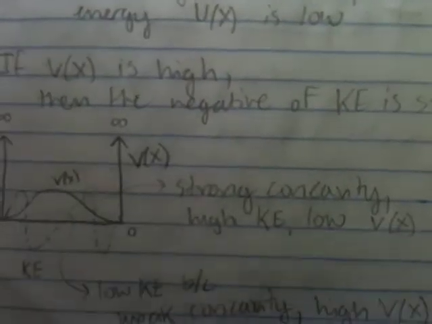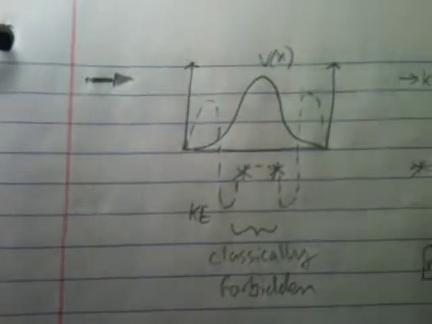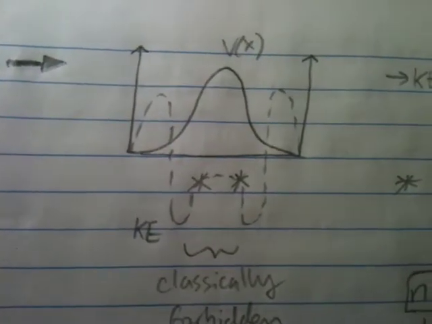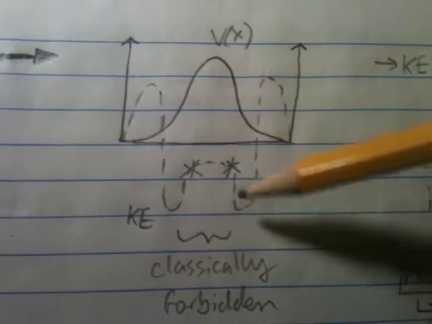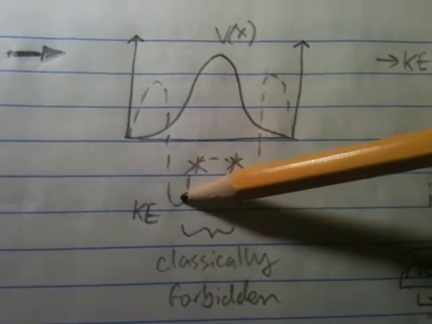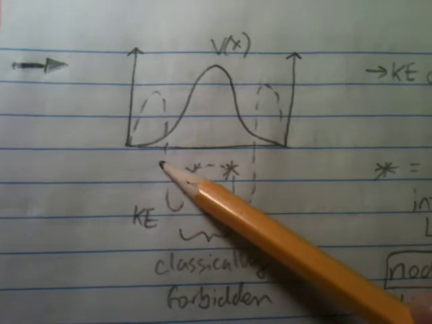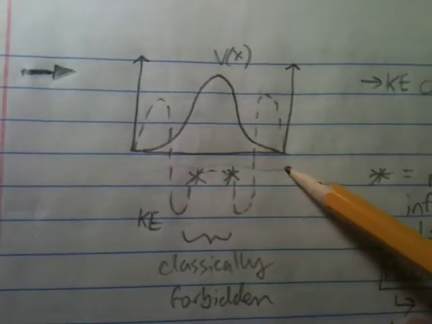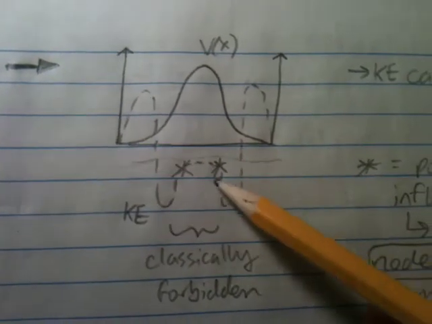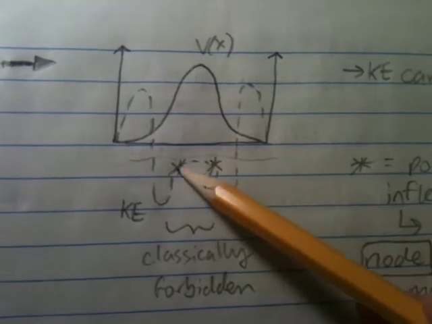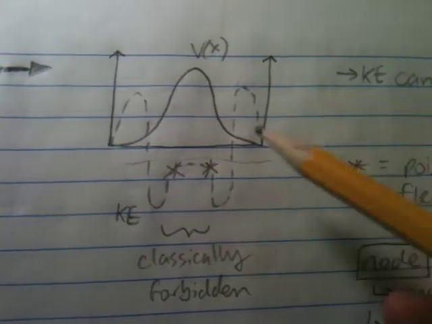Interestingly, you can have this type of graph, where you have the kinetic energy seemingly reaching some sort of asymptote here. You can almost imagine some sort of horizontal asymptote where it's trying to get to, and then it just doesn't.